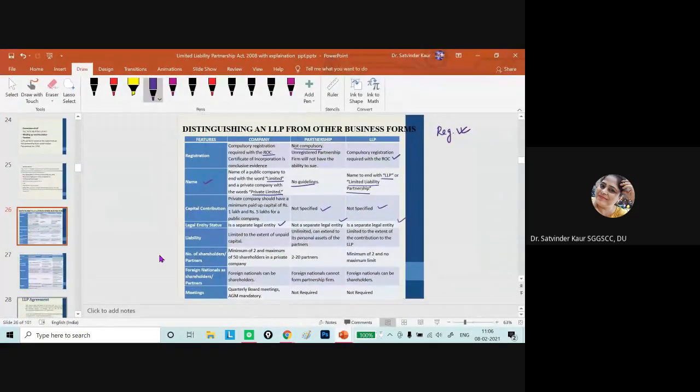Okay, so if we talk about the liability, in case of a company, there is going to be the unpaid capital.